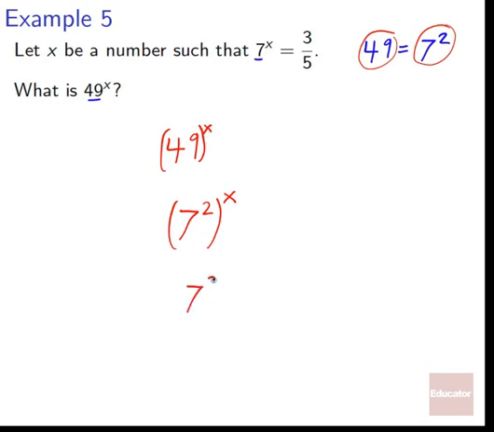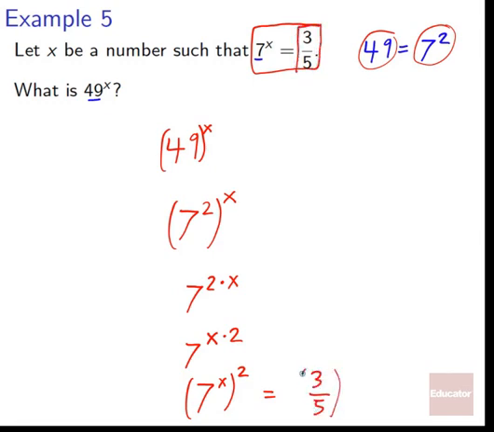So that means 7 to the 2 times x, but we could also write that as 7 to the x times 2, which we could then write as 7 to the x all raised to the 2, which would be, hey, we know what 7 to the x is. It's 3/5. So we've got 3/5 all raised to the 2, which means we've got 9 over 25, because we square the 3 and we square the 5. 3/5 squared means that the square will go onto the 3, go onto the 5.